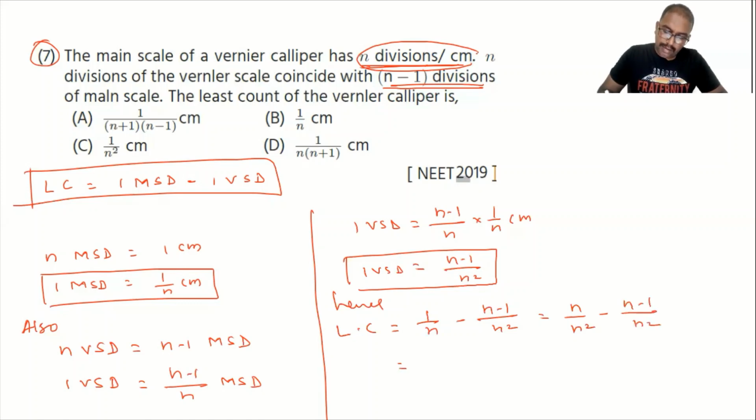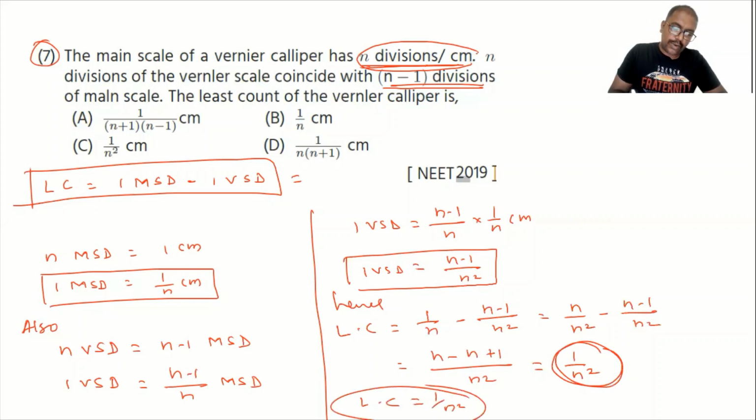So here n minus n plus 1 divided by n square, so it is coming 1 by n square. So least count is equal to 1 by n square, in centimeter. 1 by n square is written in option C. So option C is the correct answer.